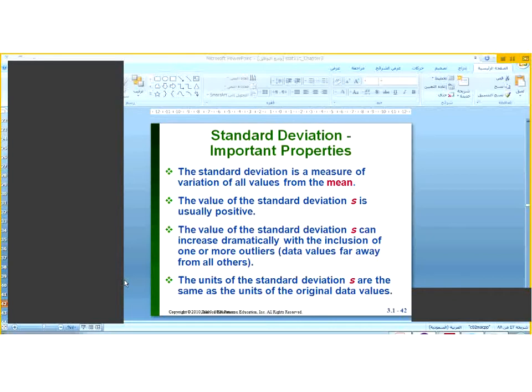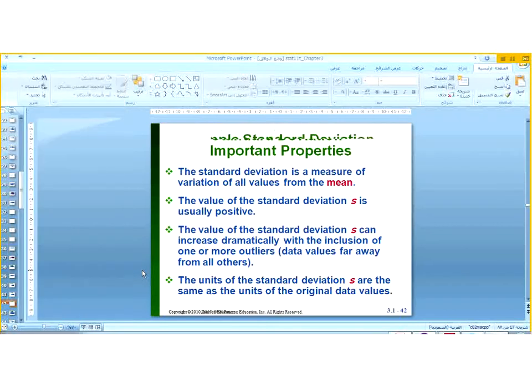Can the standard deviation be negative? The one whose square is the variance, not the standard deviation. It's under the square root.